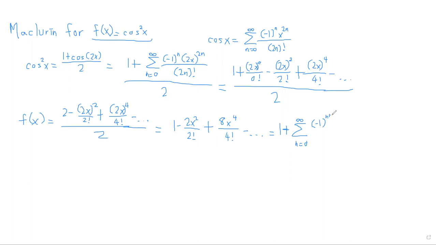Why to the power of n plus 1? Because the first term here, remember, we're considering these terms. 1 does not fit into this series representation, so it starts off negative. So negative 1 to the power of 1 gives you a negative value. x to the power of 2n.